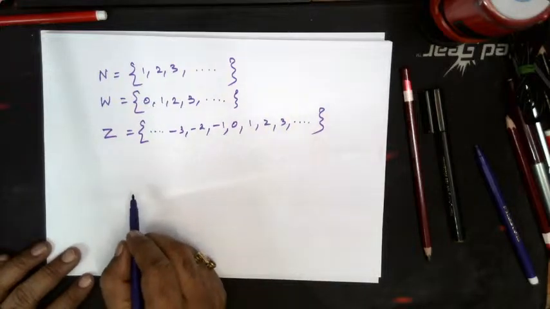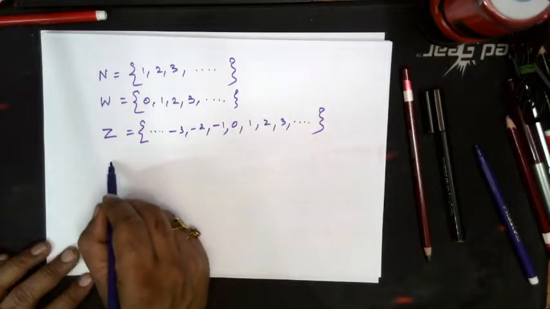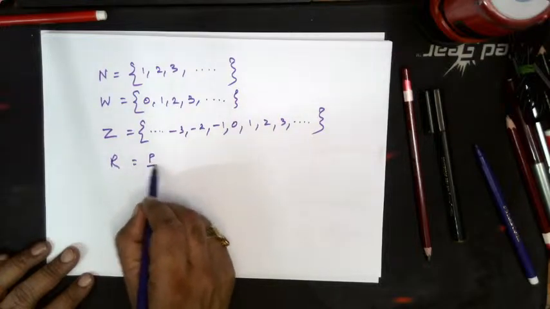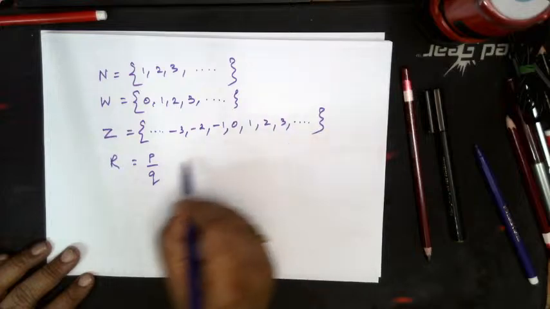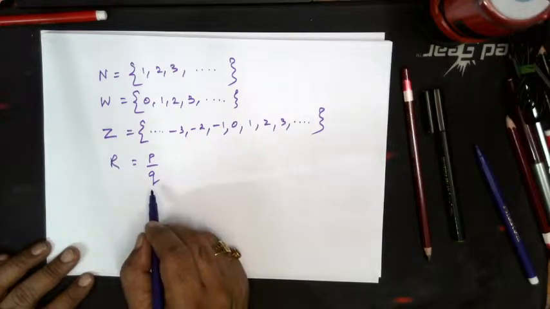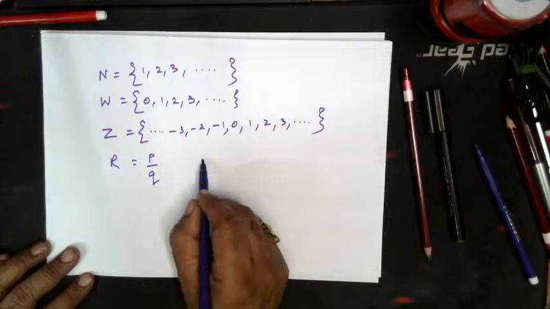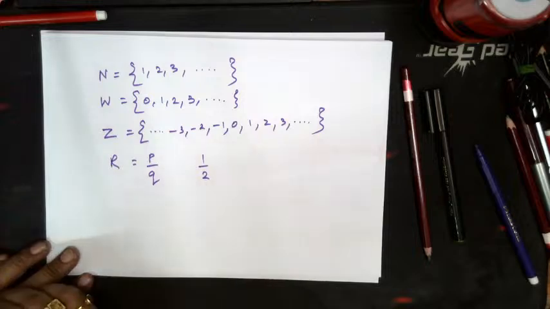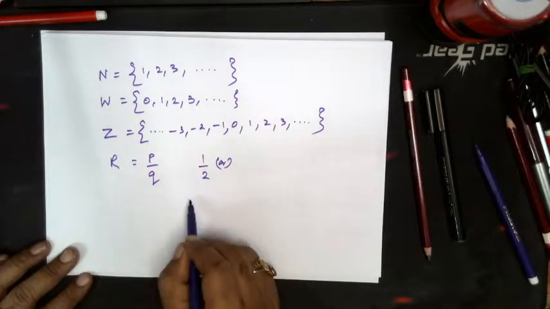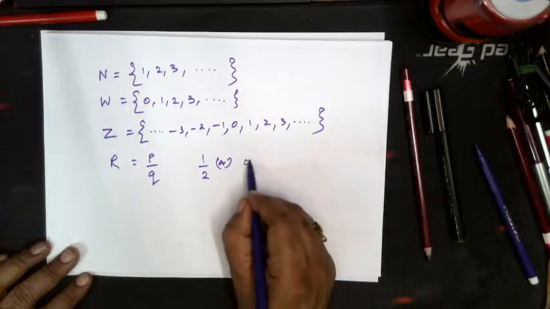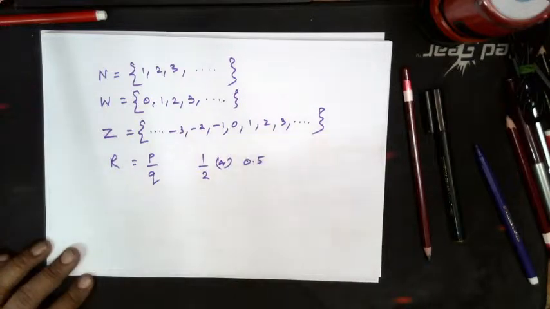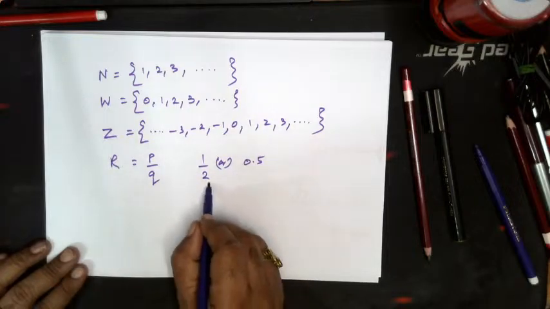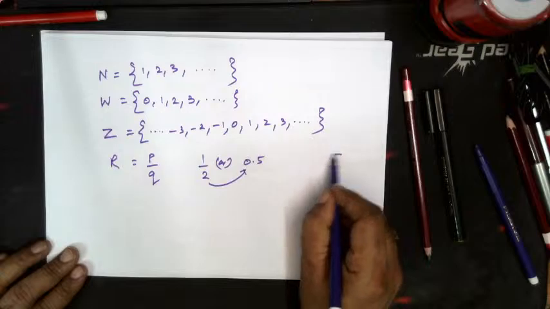Okay? Whereas the rational numbers are represented in the P by Q form. So it can be either in fractions or decimals also. For example, 1 by 2, where P is equal to 1, Q is equal to 2. This can be represented in the decimal form also. How? 0.5. Okay? And these two can be interconverted. If you want to convert this one, you have to divide 1 by 2.